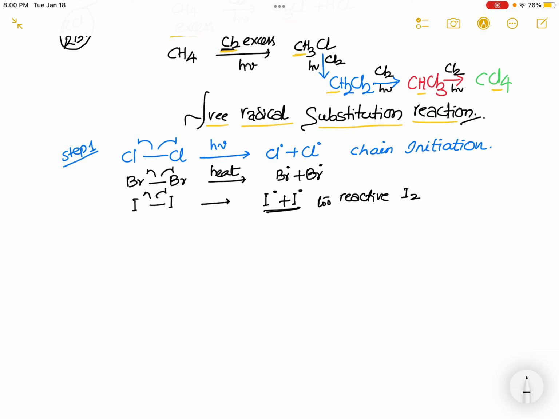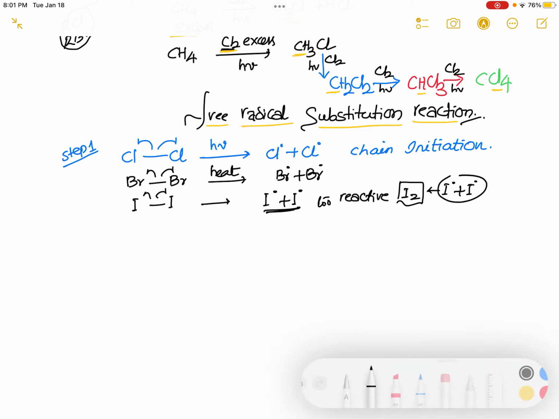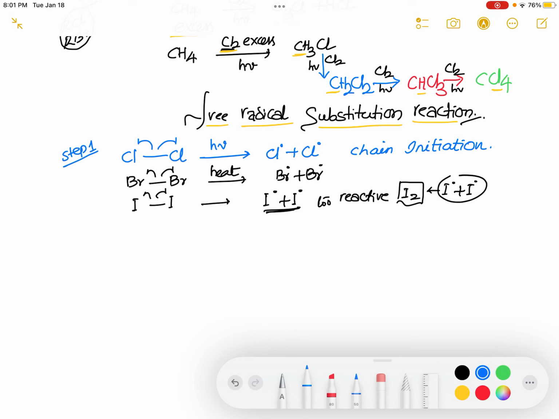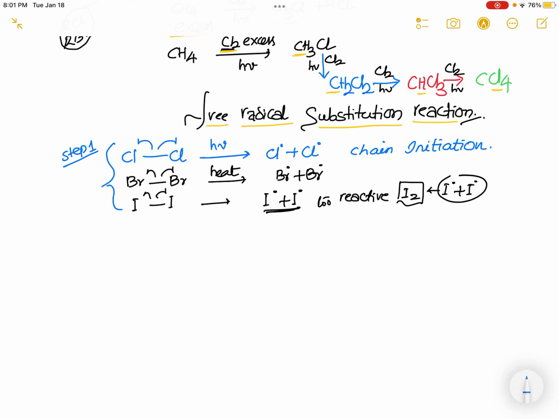They form back I2. I dot, that is an I free radical, and another I free radical will give you I2 back. So these have to be used very, very quickly. And one another problem is also there, that we'll discuss now. So in this way, chain initiation takes place.